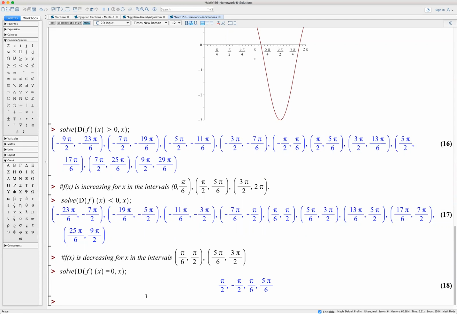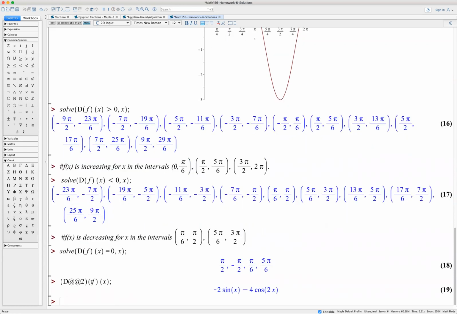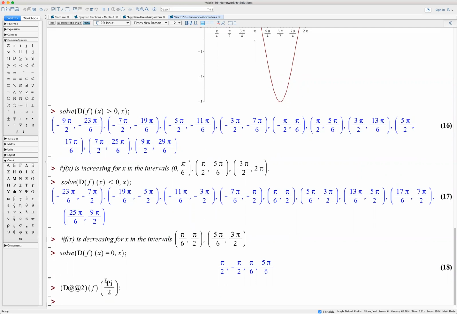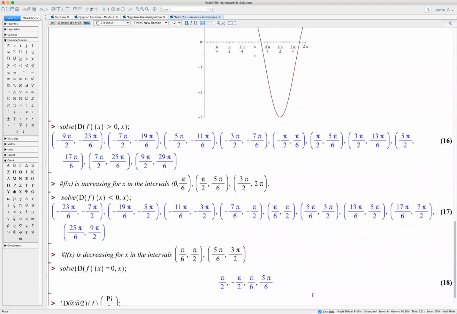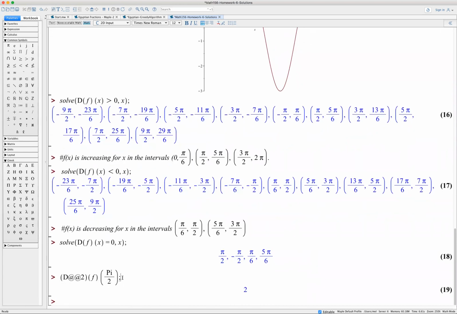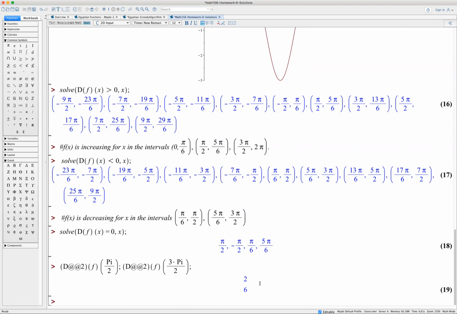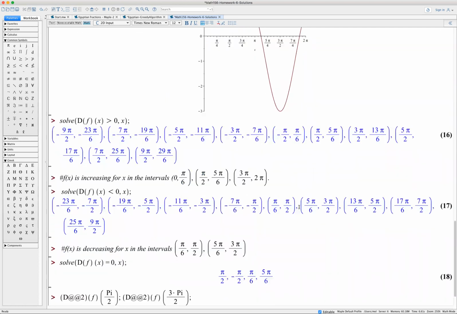But well, let's just double check the second derivatives. That's the second derivative. If we evaluate this at pi over 2, it's positive. So pi over 2 is a relative minimum. If we evaluate this at 3 times pi over 2, it's also positive.